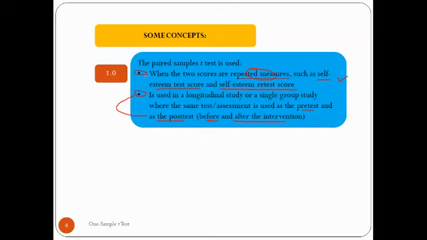But the first one could be a non-experimental design. So that's the distinction I could see between the first scenario and the second scenario.